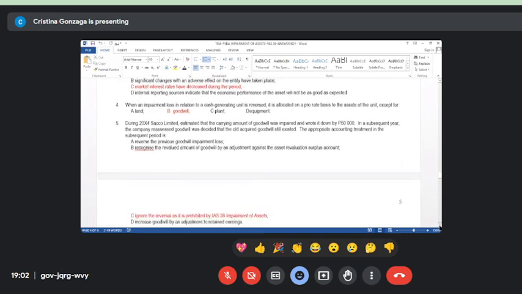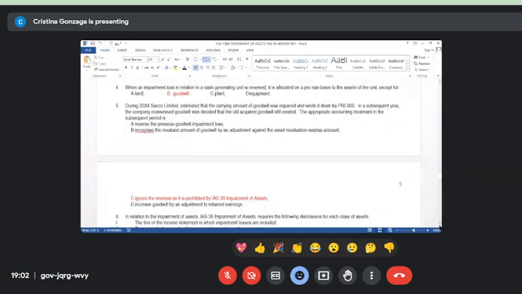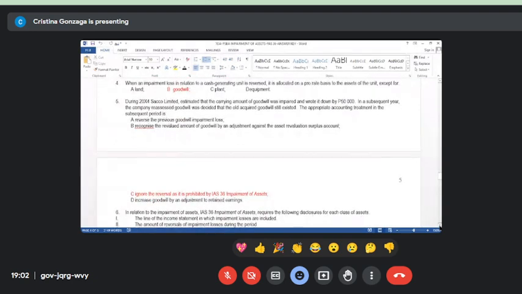So number 5, during 20X4, SACO Limited estimated that the carrying amount of goodwill was impaired and wrote it down by 50,000. In a subsequent year, the company reassessed goodwill and decided that the old acquired goodwill still existed.